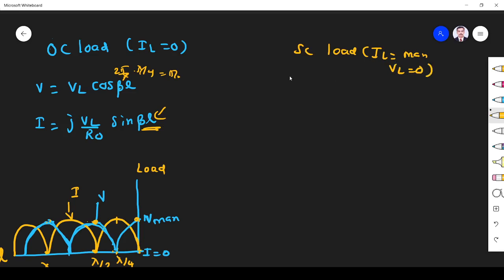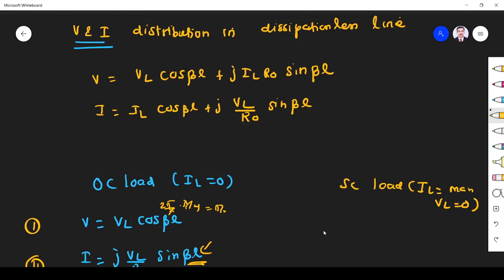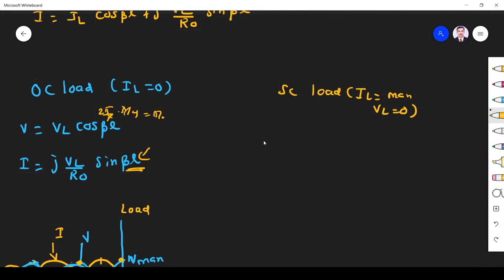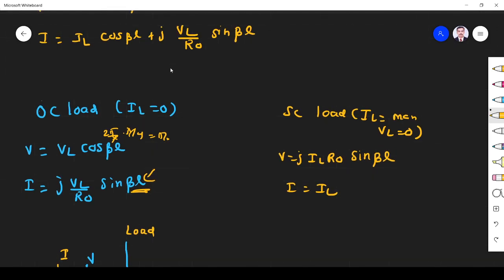So if you substitute VL equal to 0 here, V becomes jIL R naught sin beta L. I is equal to IL cos beta L, because the VL term will be 0 and only this term will be there.